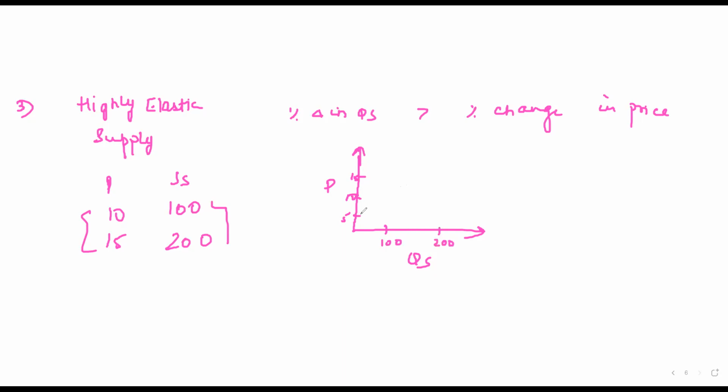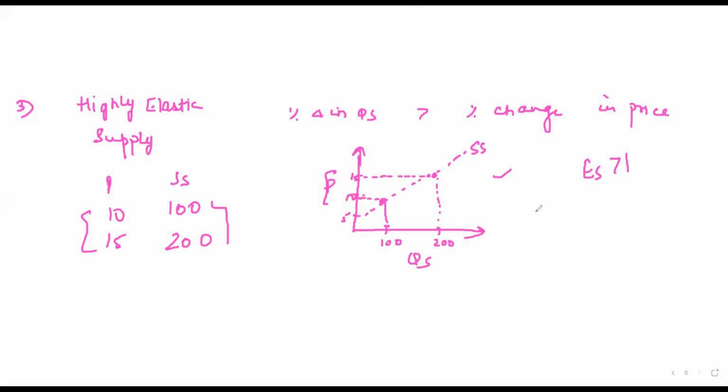So now this is one point and this is the other point, right? So this change in price is not as big as the change in quantity supplied. So in this kind of a situation, you will observe that this is the shape of supply curve, okay? And ES will be greater than 1 in this case.